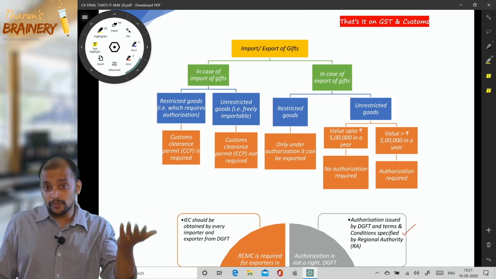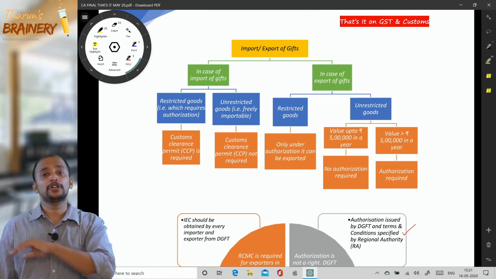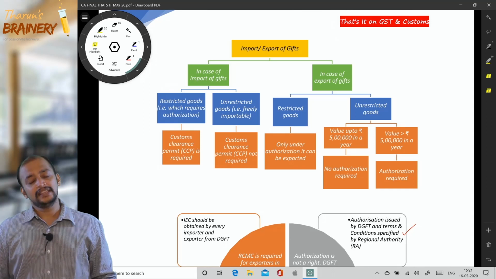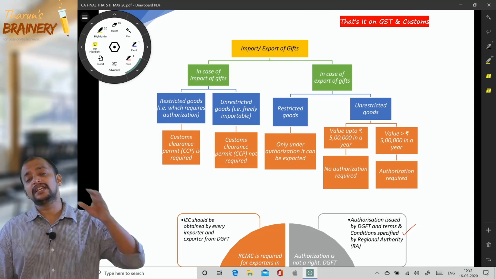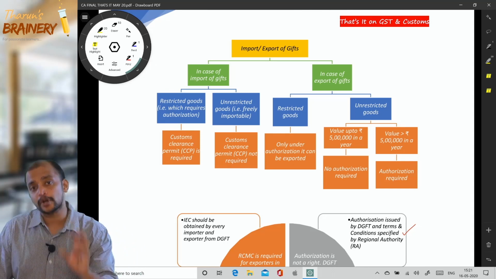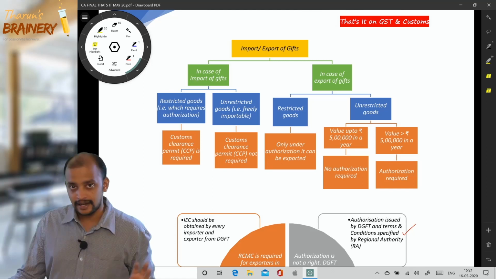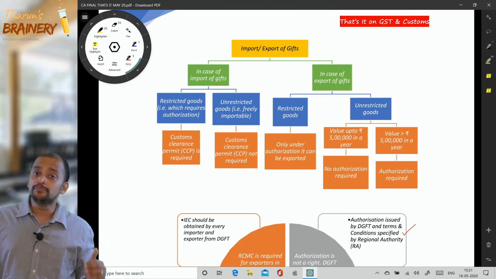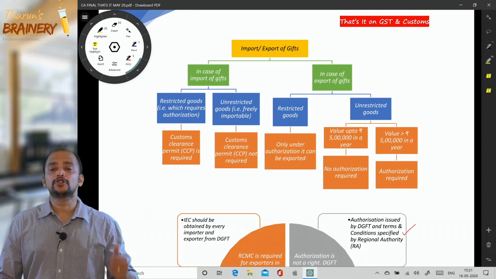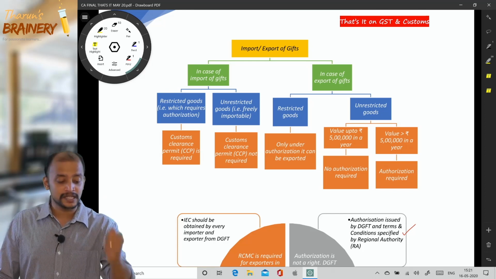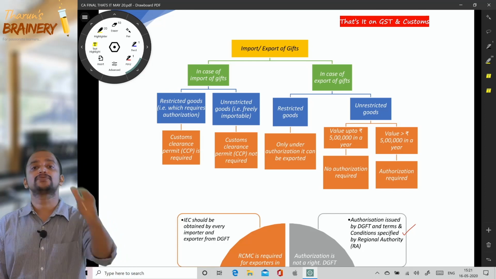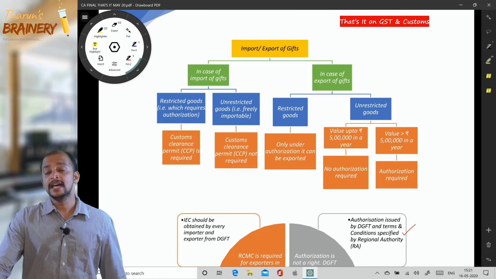But the department will know because there is a description to be given on the gift. Therefore, if the gift parcel contains a product which is restricted, then the importer of such a gift should get a customs clearance permit, and only then the package will be handed over to him.